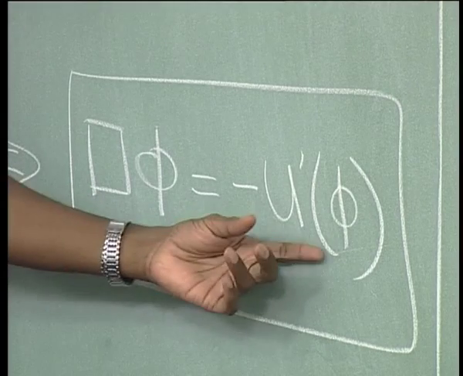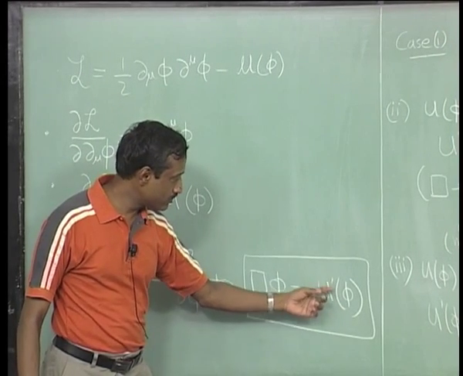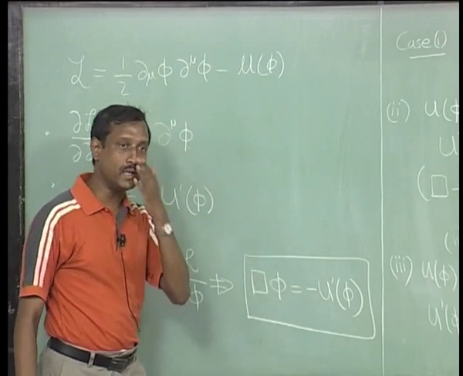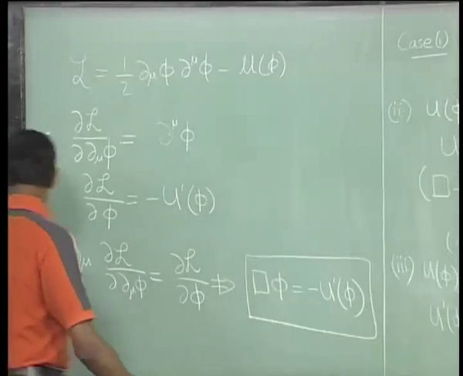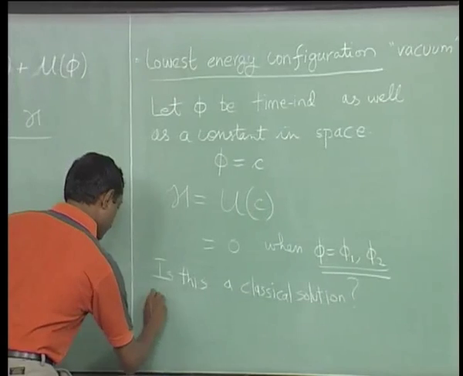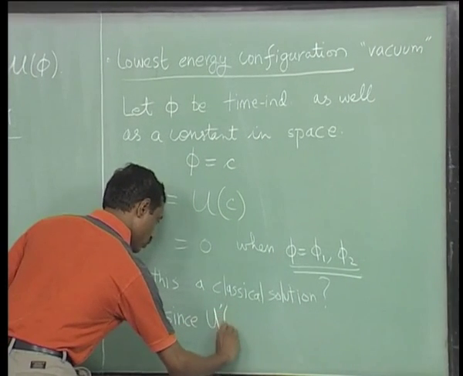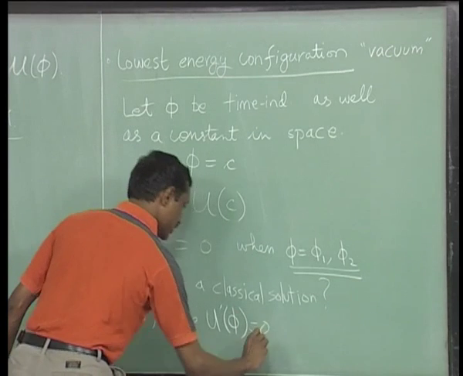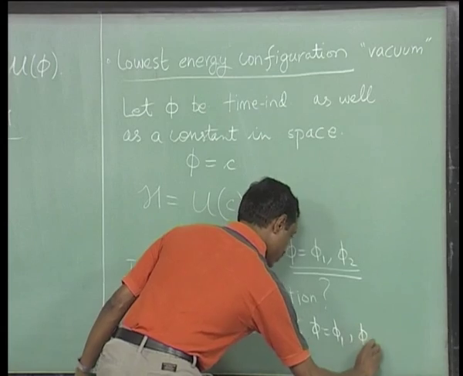So it will be a solution of the equation of motion when u prime is equal to 0 at any of the extremal points. So the answer is yes, since u prime of phi is equal to 0 at phi equal to phi 1 or phi 2.